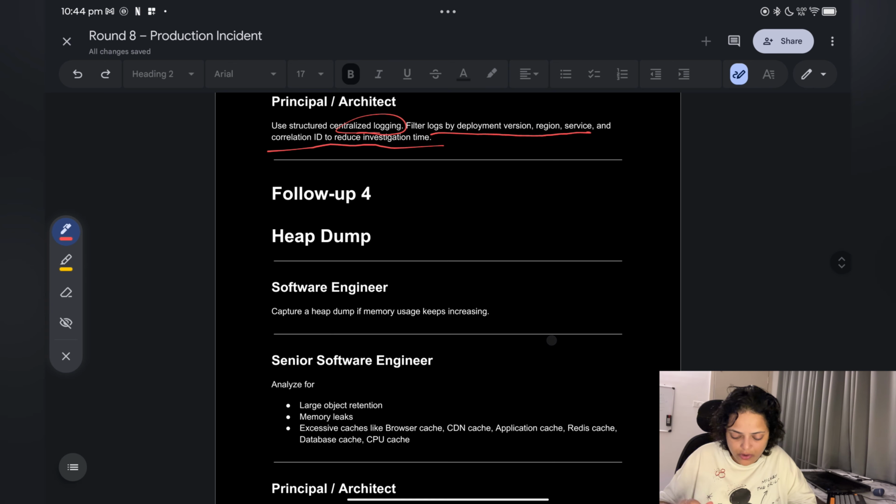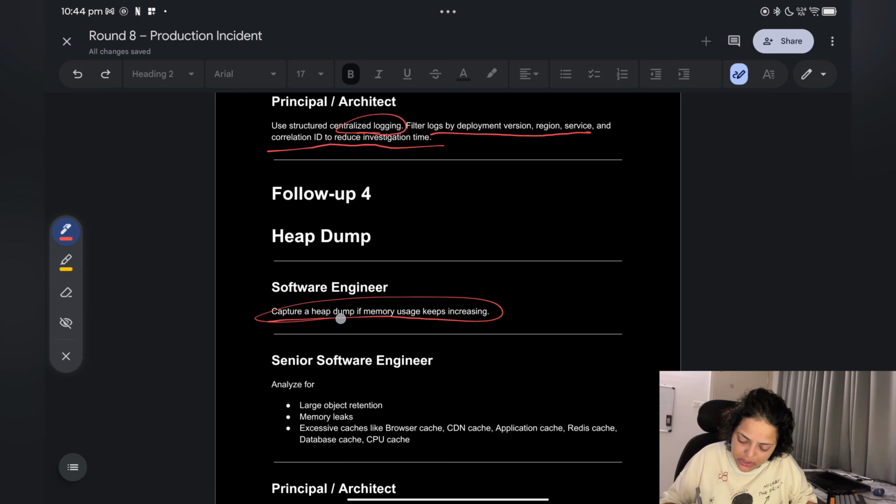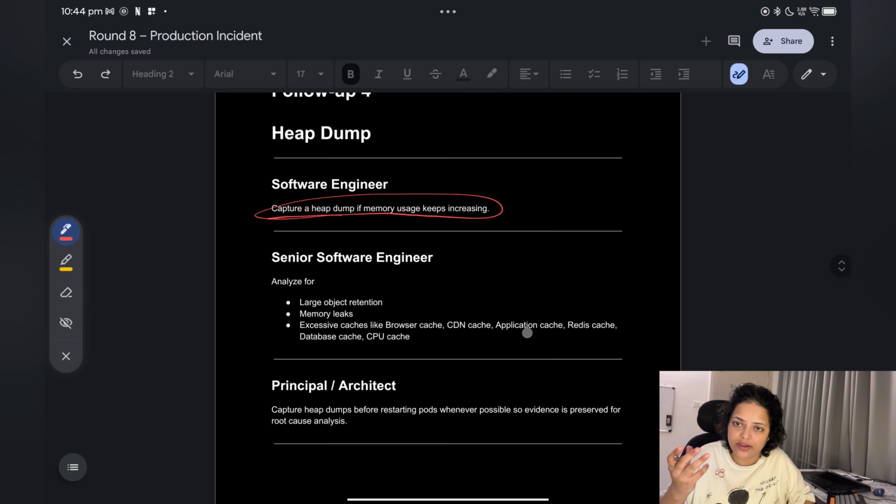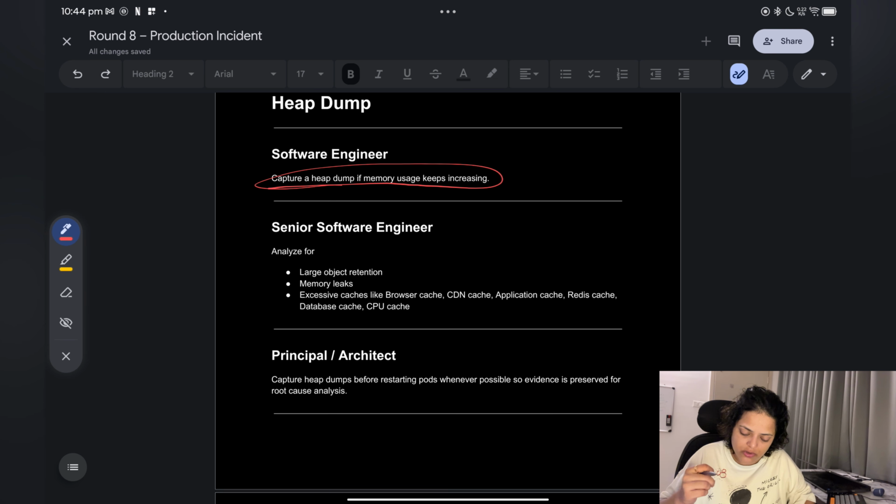Now follow-up question 4 is related to heap dump. A software engineer will say that he will capture a heap dump if memory usage keeps increasing. If the error is related to memory, then you go with the heap dump. A senior software engineer will analyze for large object retention, memory leaks, and excessive cache. Excessive cache also causes trouble, right?